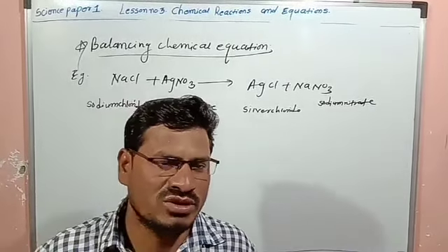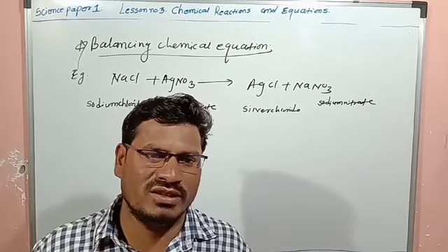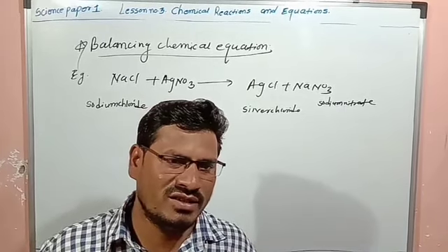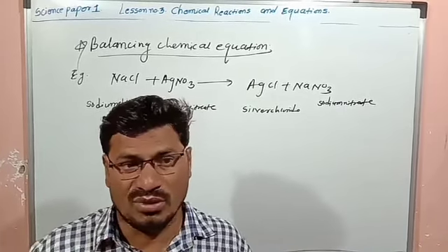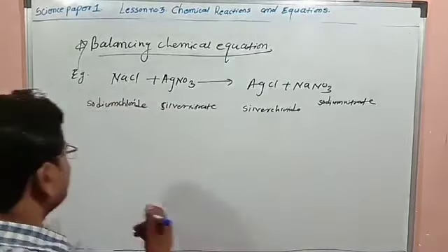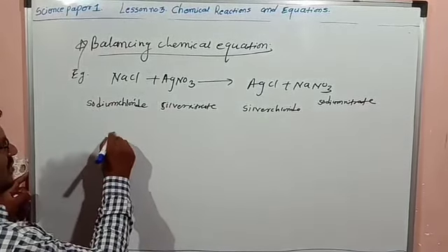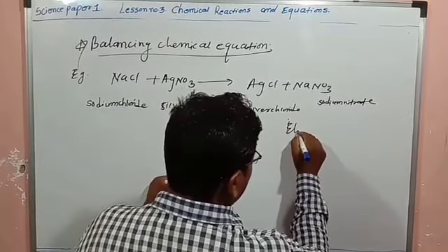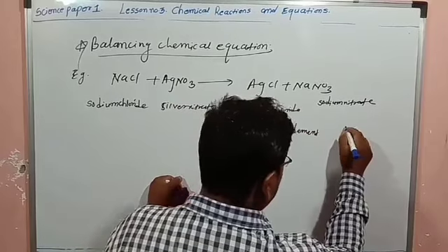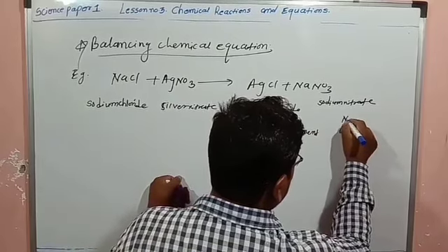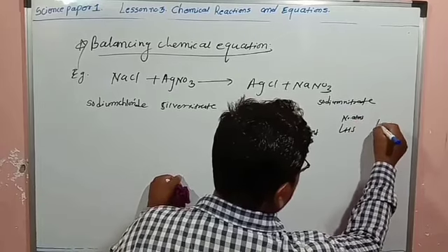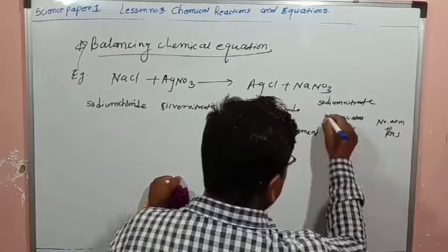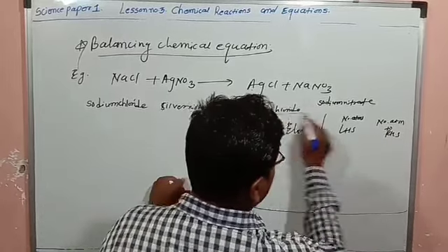in that you have to count number of atoms of the reactants and number of atoms of the products. So how many atoms are there in the reactant and how many atoms are there in the product of the same elements. So we will make one table. Here element, here number of atoms to the LHS, number of atoms to the RHS.